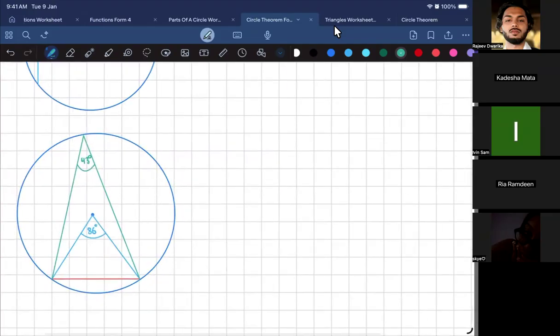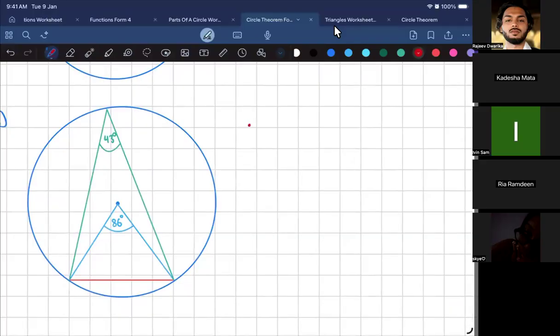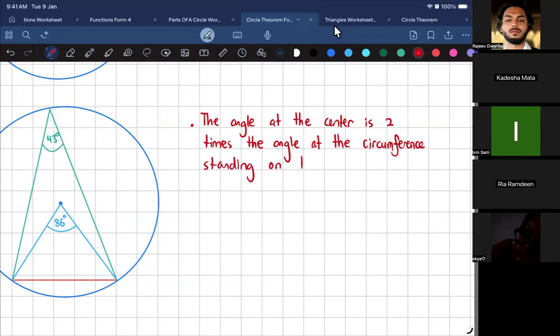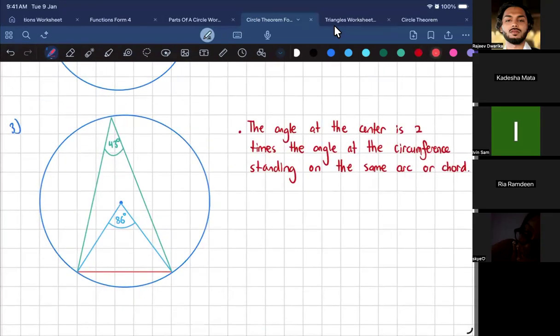So let me write down the theorem for this. The angle at the center is twice the angle at the circumference. Okay, I'm going to change this up a bit, and I want you all to tell me if the theorem still holds.